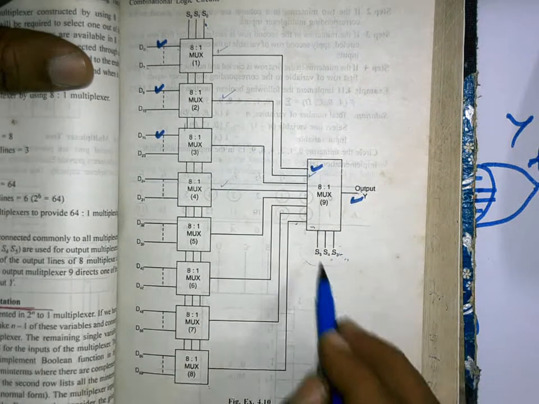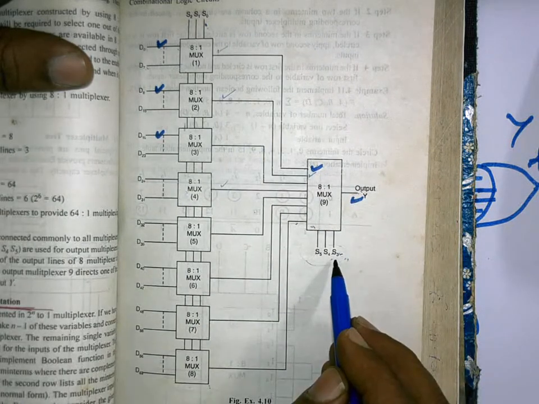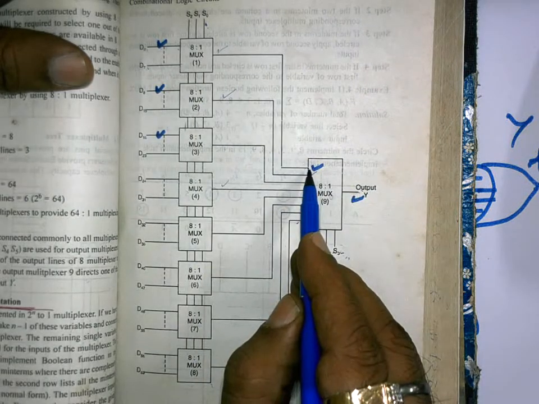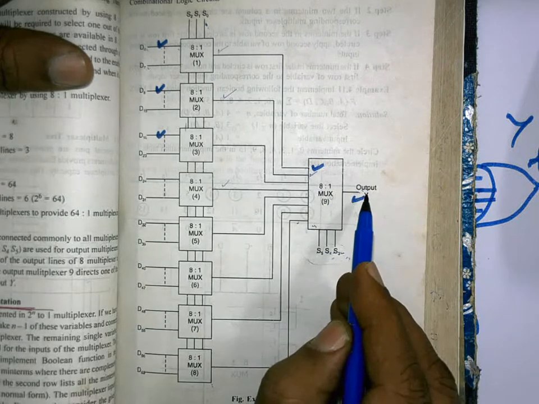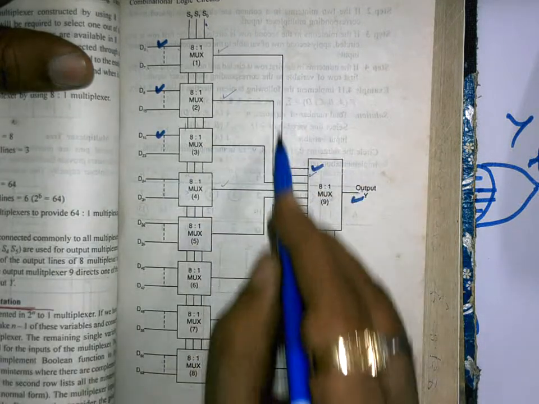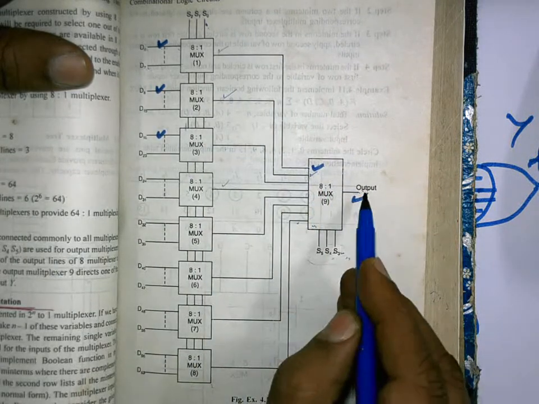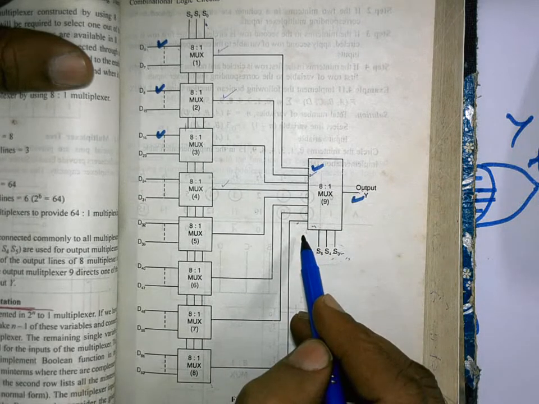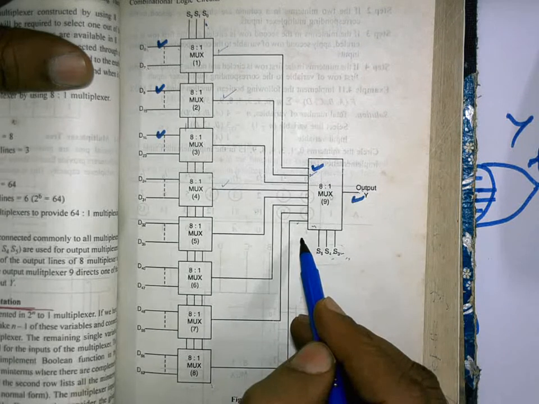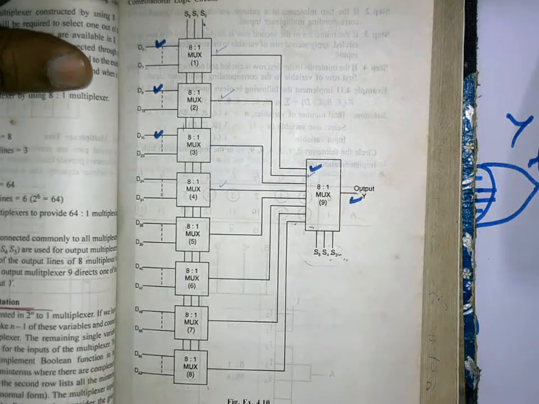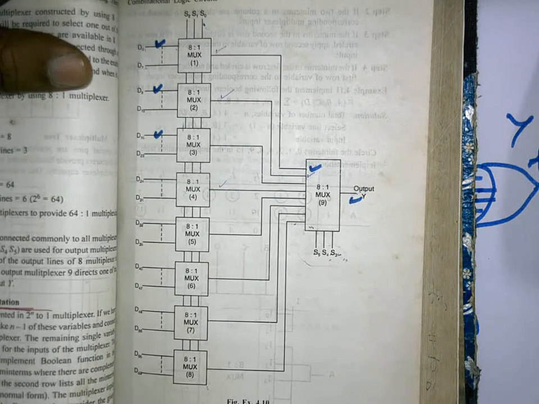You see, since 0 0 0 is here, D7 of this mux, which is coming over here, is allowed to appear at the output, because here it is 0 0 0. So whatever is coming at this line is entertained to appear at the output. No other line is entertained to appear at the output. Got this point? So this way we are making a tree of multiplexers to make larger and larger size multiplexers. Okay.